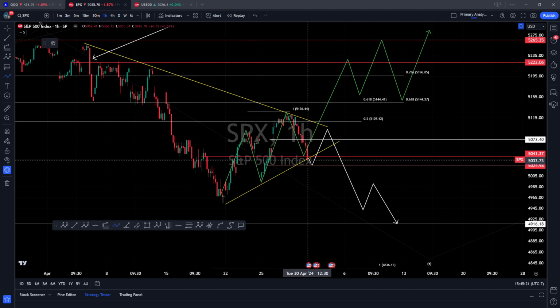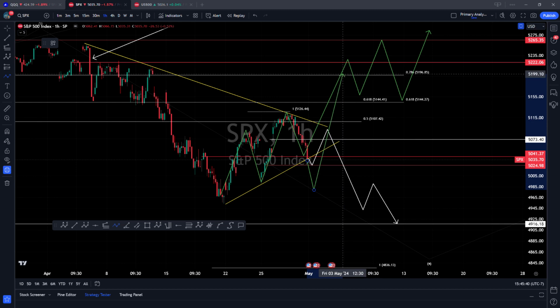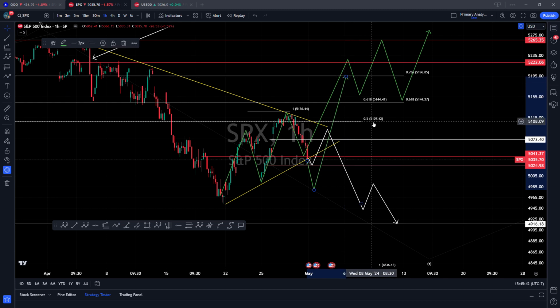What if this turns out to be a double bottom? Like I said, a 50% correction may not be enough, and we come a little bit lower tomorrow, and suppose that we get a big bounce back up, like a flat correction, right?